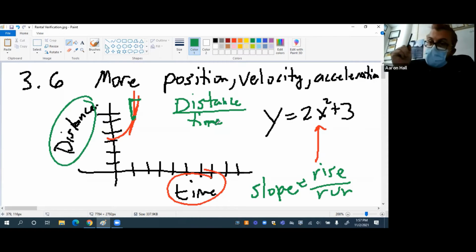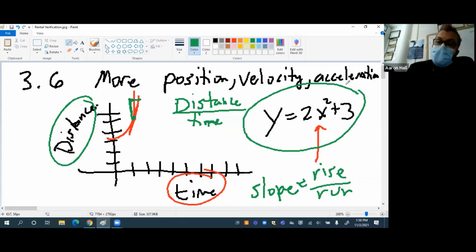So if we have a position function and we find the slope at any given point, it's going to give us the velocity at that given point. If we're given a position function, do we have a handy way of finding the velocity function? Do we have a method? Josh, what do you think?